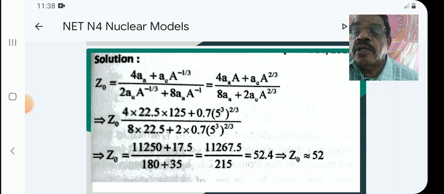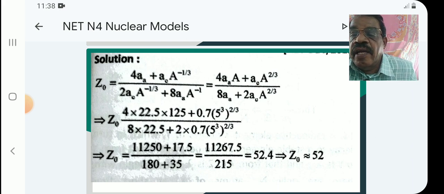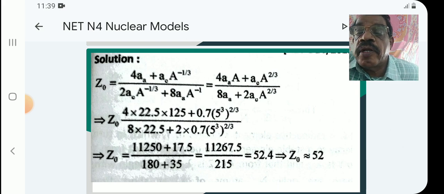You study the equation that we simplify. In the first term, we multiply the numerator and denominator by A, then we get the second term in the RHS in the first line. You substitute: Z0 is equal to 4 into 22.5 into 125 plus 0.7 into 5 cubed raised to 2 by 3, over 8 into 22.5 plus 2 into 0.7 into 5 cubed raised to 2 by 3.